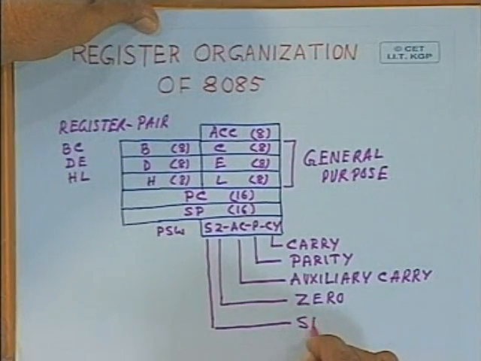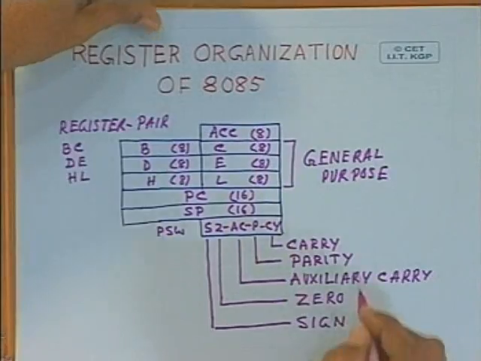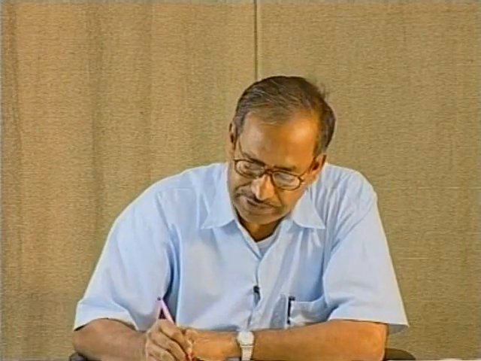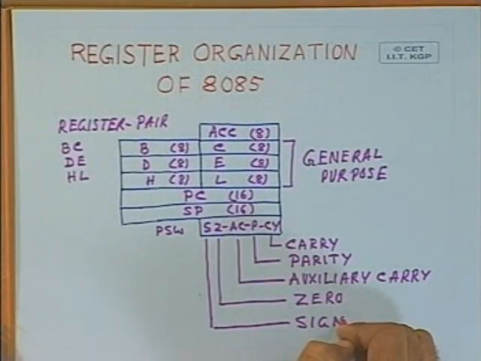What is the sign of the result, whether it is positive or negative? If it is positive, the most significant bit of the output of the accumulator will be 0. If it is negative, that most significant bit will be 1. That is reflected by this sign flag bit.